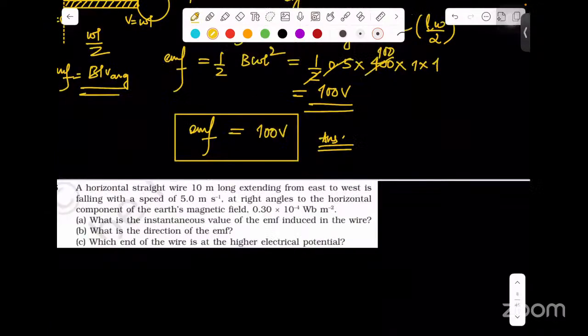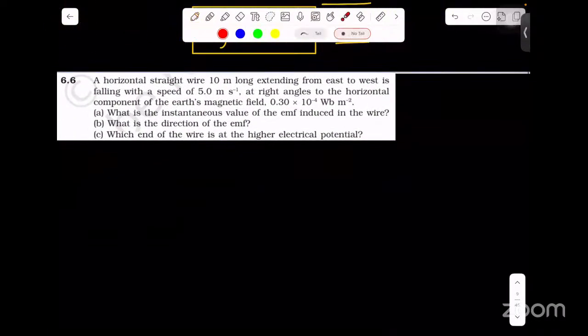So this is the sixth question for today, which says: a horizontal straight wire, which is 10 meters long, extending from east to west, is falling with a speed of 5 meters per second at right angles to the horizontal component of the Earth's magnetic field, which is 0.3 into 10 raised to the power minus 4 Weber per meter squared.